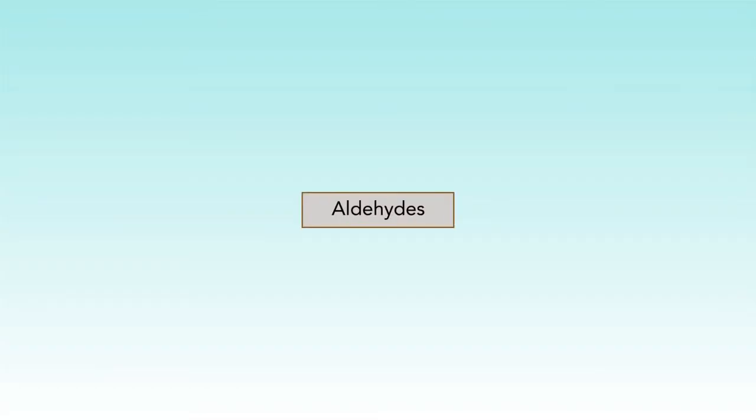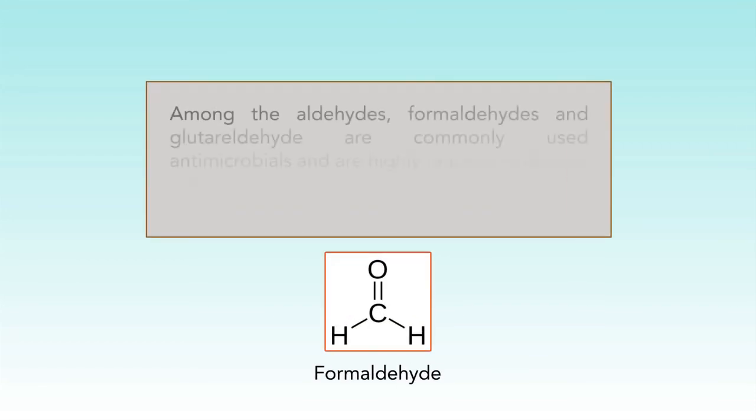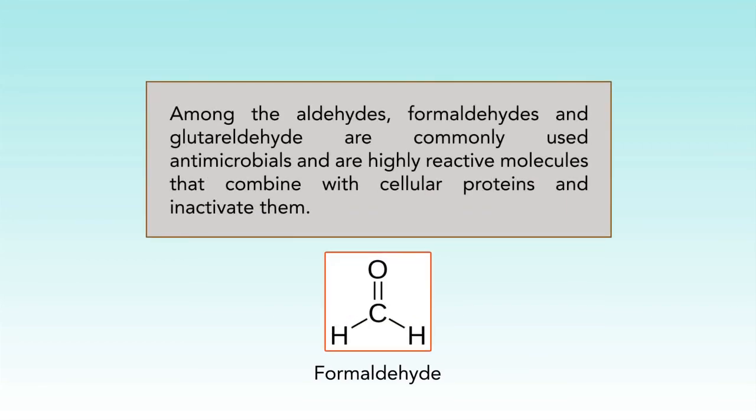Next is aldehyde. Among the aldehydes, formaldehyde and glutaraldehyde are commonly used antimicrobials and are highly reactive molecules that combine with cellular proteins and inactivate them. They are sporicidal also. Formaldehyde before use is usually dissolved in water.